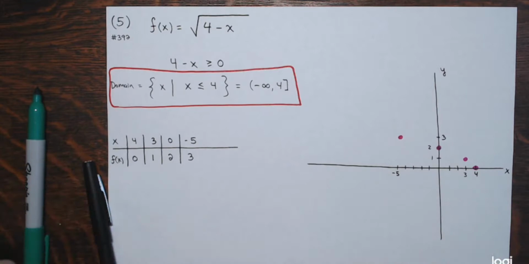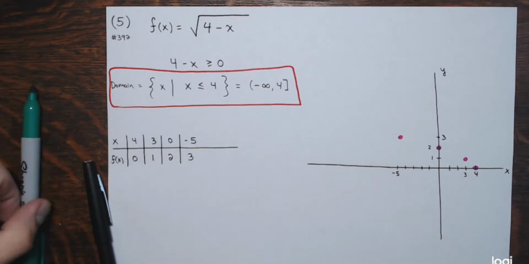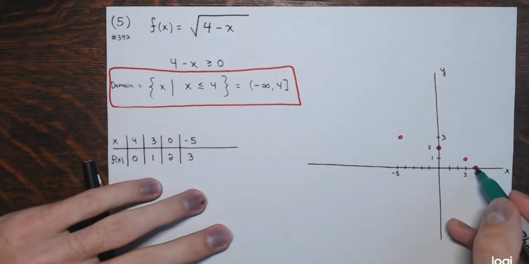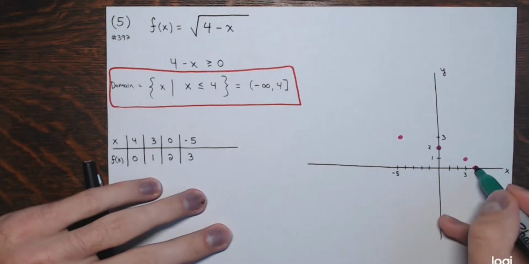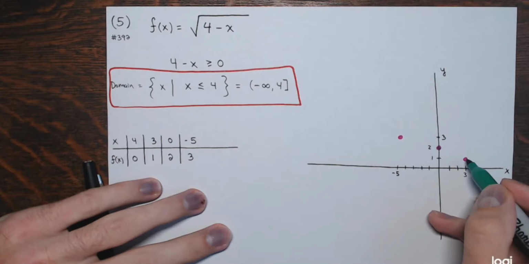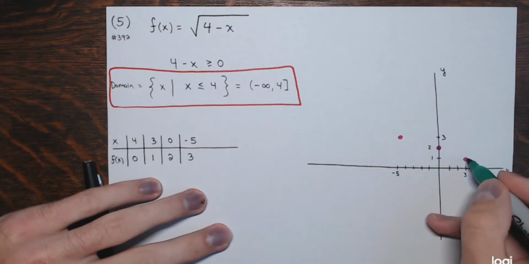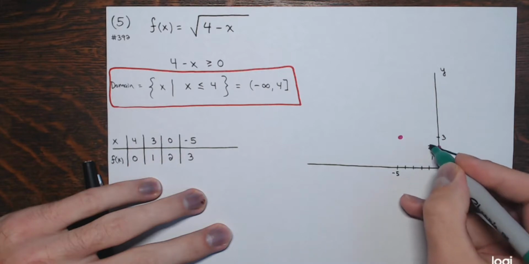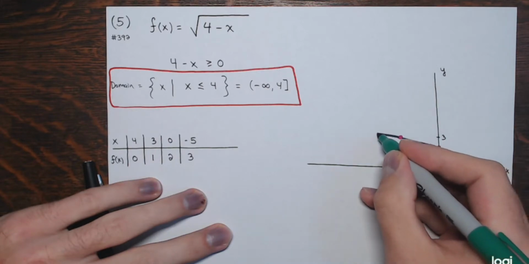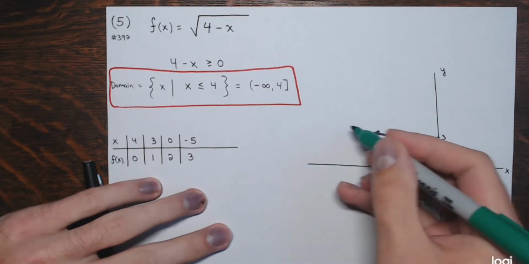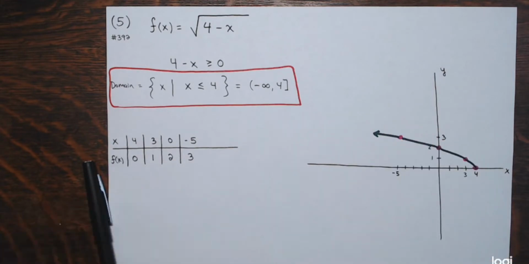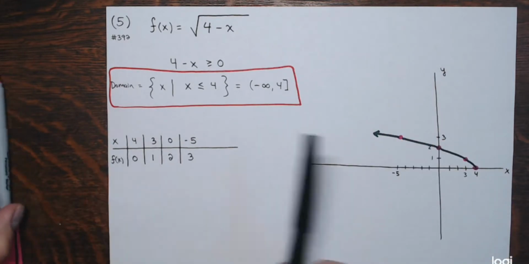All right, now I'm going to call it there. You can keep going though, but you've got to keep going left. And you see it starts here at 4, 0. It's another square root function, so it's another kind of half a parabola, but this time opening to the left. So it's going up forever, but to the left. So there's the graph.